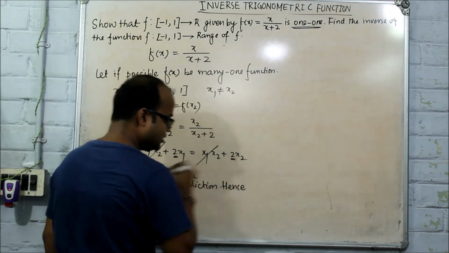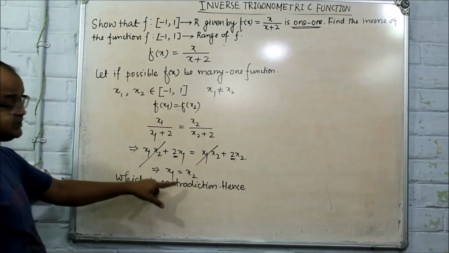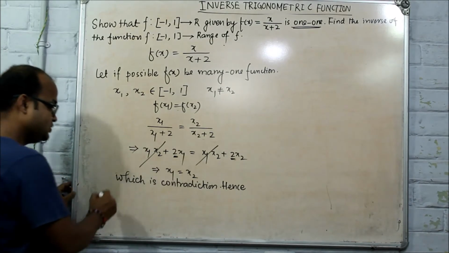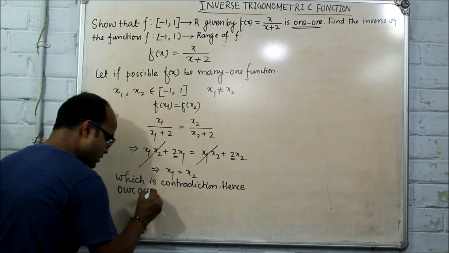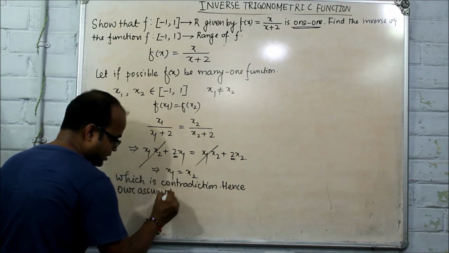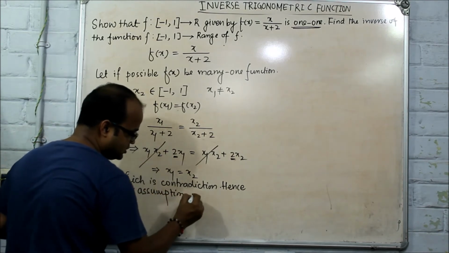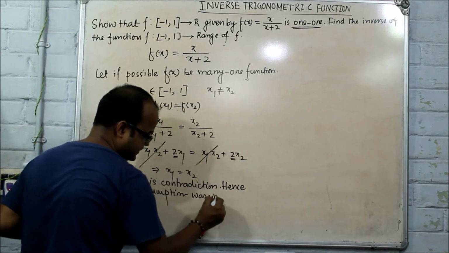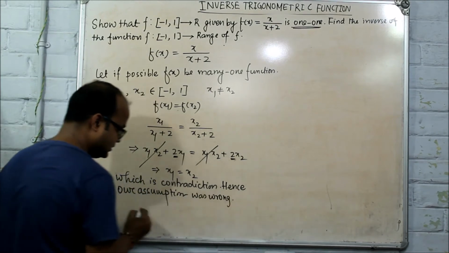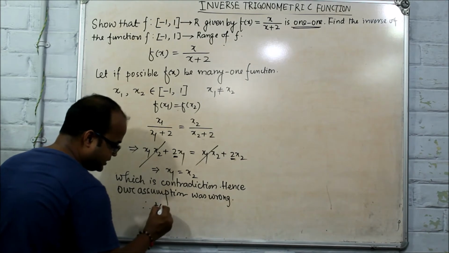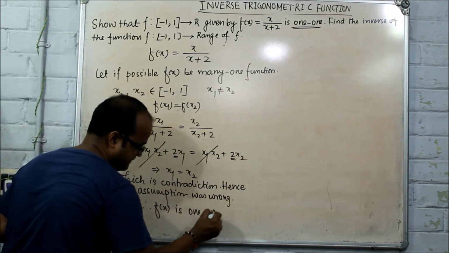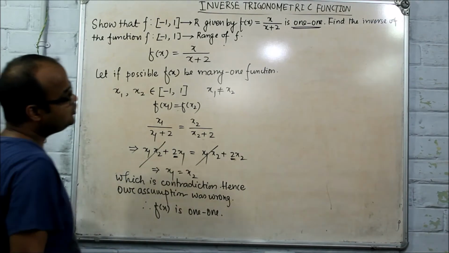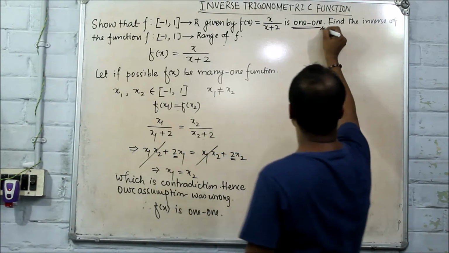We reach a point where we contradict our previous assumption. So hence our assumption was wrong. Therefore f(x) is one-one. Now, we complete the first part.